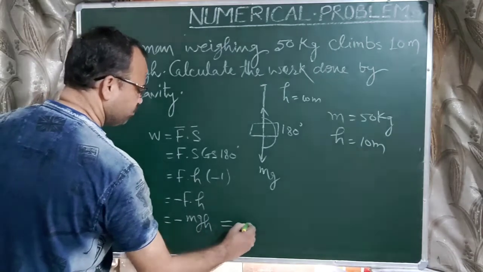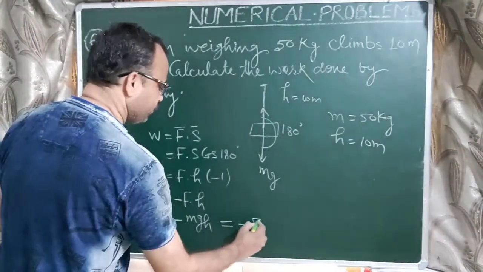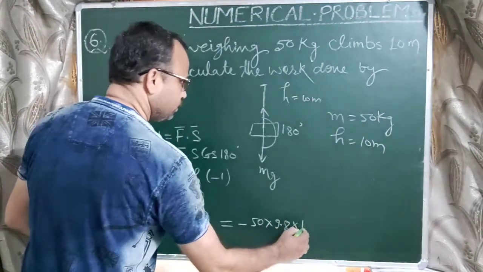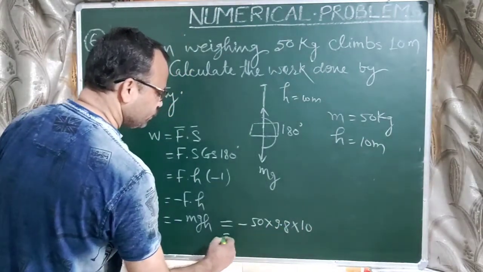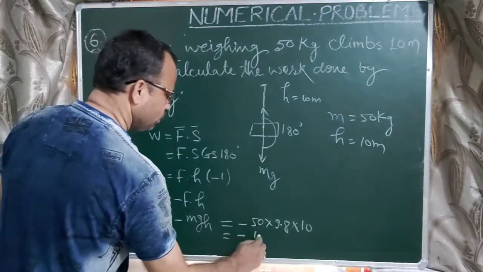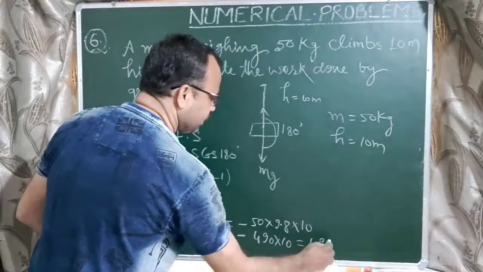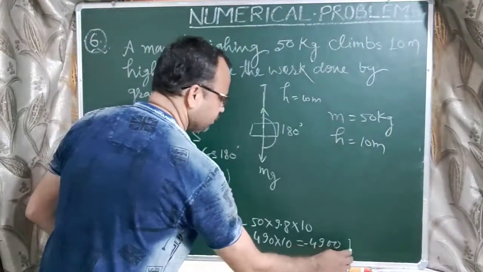Now substitute the values. Minus m, 50, into g, 9.8, into h, 10. That means 490 into 10, which is 4900 with a negative sign.